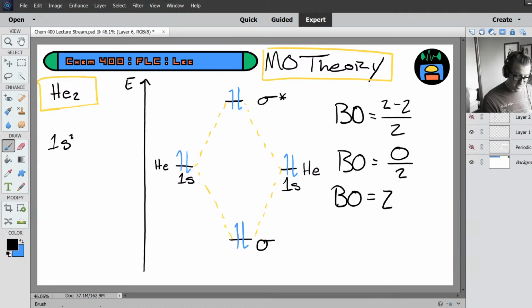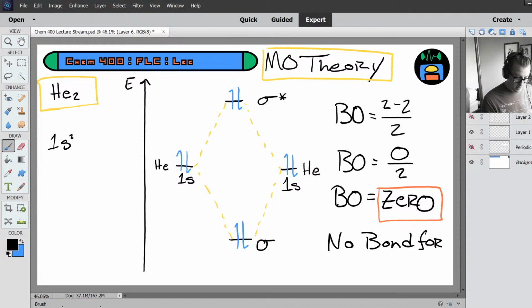So dihelium has a bond order of 0. What does that mean? A bond order of 0 means no bond forms. There is no bond between these two atoms. That's what a bond order of 0 means.